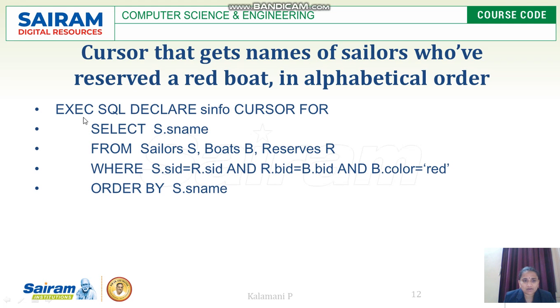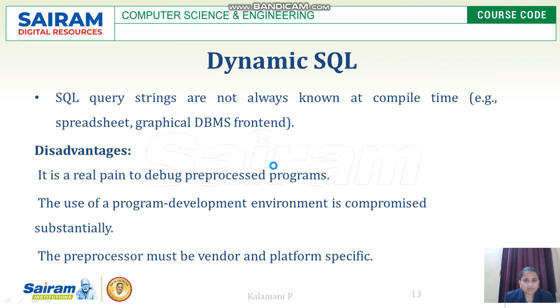So we give the command EXEC SQL DECLARE sinfo CURSOR FOR, where sinfo is the name of the cursor. SELECT S.sname FROM the tables, with alias names given, WHERE we link the tables using primary key and foreign key. ORDER BY, in which order we want to retrieve, in alphabetical name order, so S.sname. Okay, so this is about cursors.